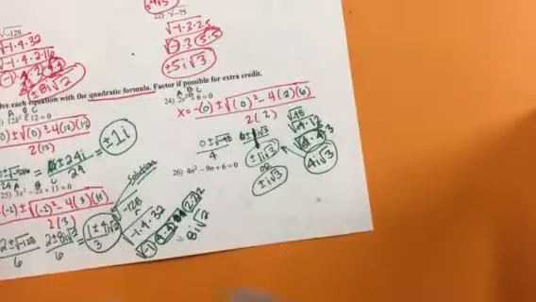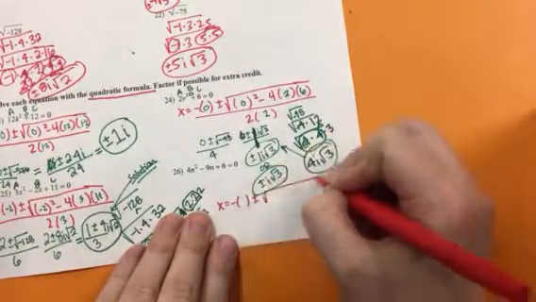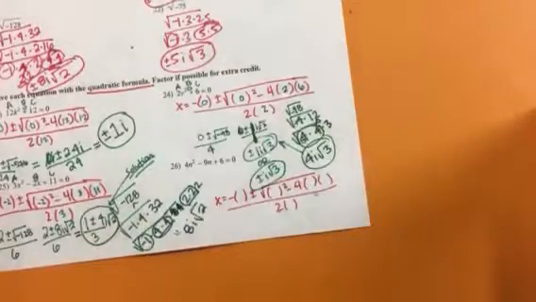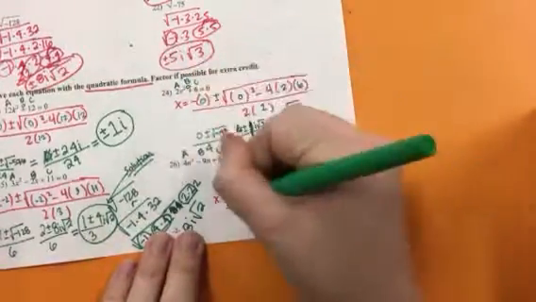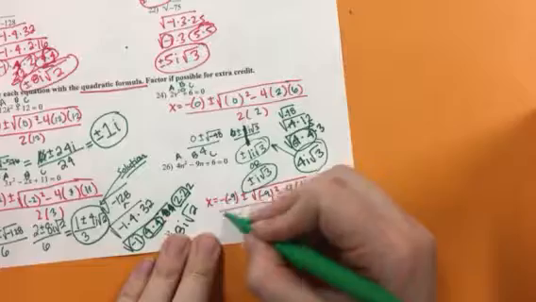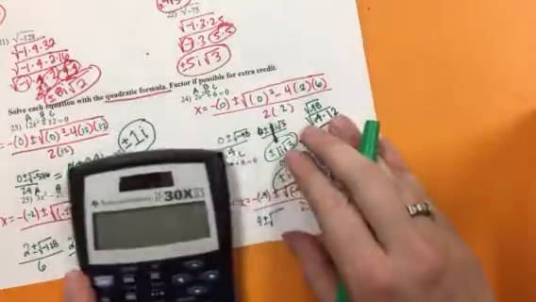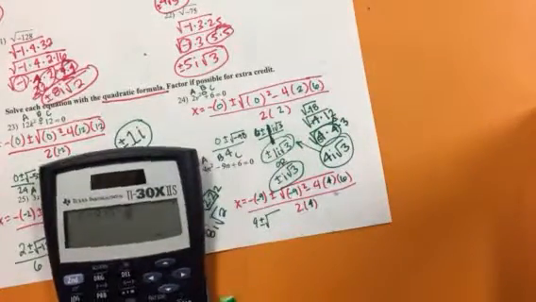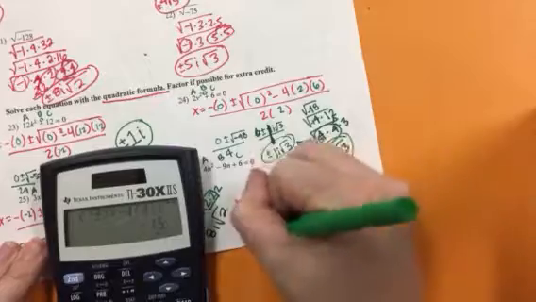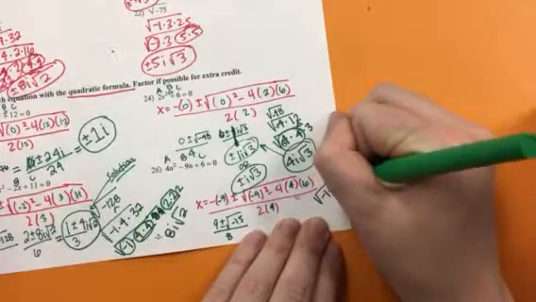Running out of room. Alright, our last one. We have x equals negative b plus or minus square root b squared minus 4ac all over 2a. a, b, c. 2 negatives make a positive 9 plus or minus the square root of negative 9 squared minus 4 times 6 is negative 15, over 8. 15, when I break it down, it breaks down to negative 1, 3 times 5.